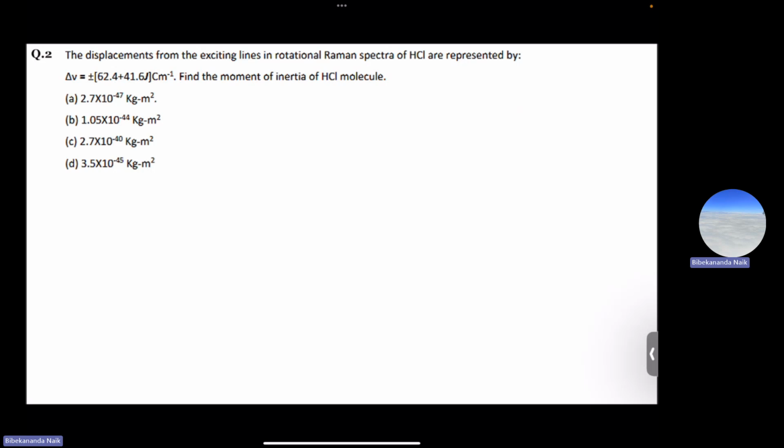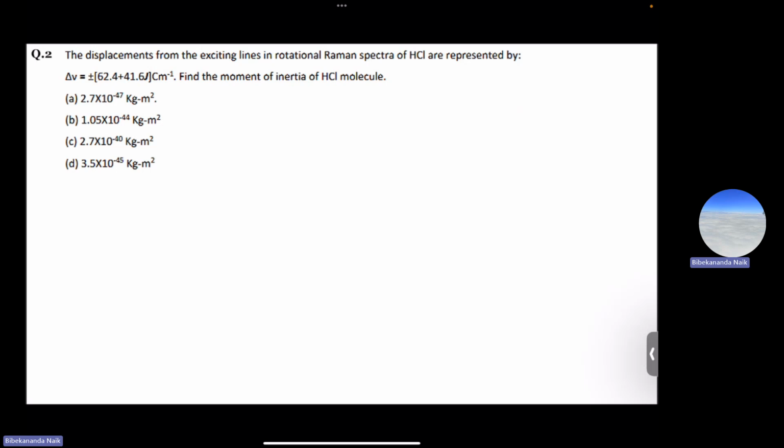Question number 2 says the displacements from the exciting lines in a rotational Raman spectra of HCl are represented by delta nu equals plus minus 62.4 plus 41.6 J centimeter inverse.